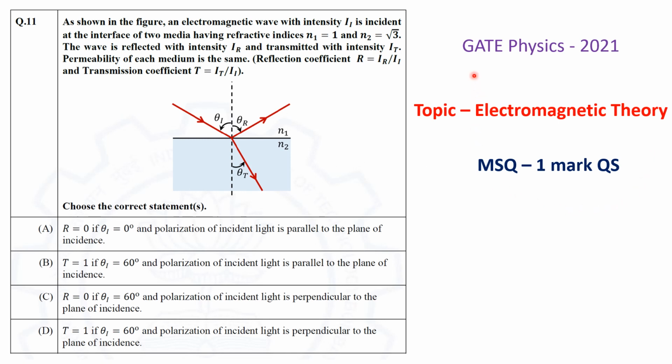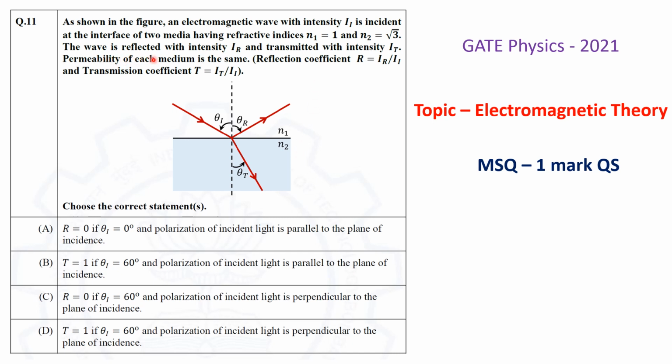This question is from the GATE Physics paper 2021. This is an MSQ having 1 mark, and the topic of the question is electromagnetic theory. The question is: as shown in the figure, an electromagnetic wave with intensity I_I is incident at the interface of two media having refractive indices n1 equals 1 and n2 equals √3.